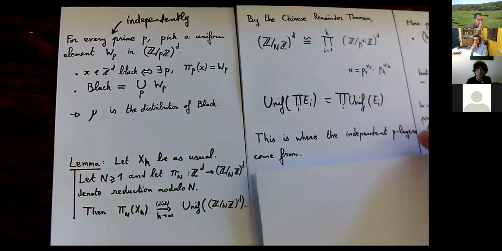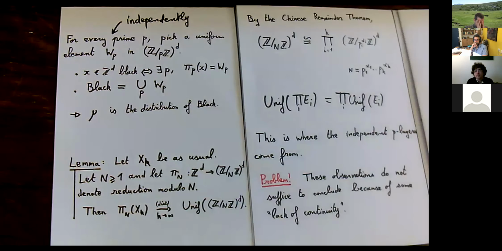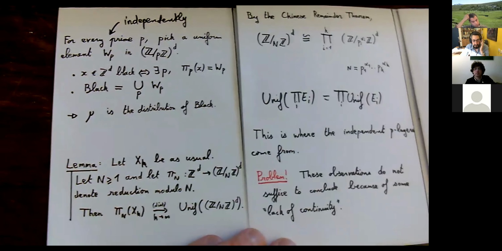So we could think that we are nearly done. Maybe everything follows nicely and there is no more idea to have, it's settled. It's a bit more subtle, though. There is a problem. So these observations do not suffice to conclude because of some lack of continuity somehow. And I can explain what I mean by lack of continuity with the following example.